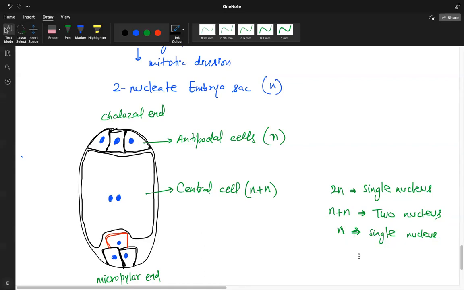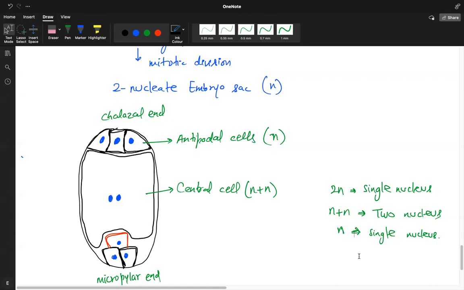Yes, Aisha? So this is very weird because mathematically n plus n equals 2n. Exactly. In biology, sometimes we use mathematical notations to explain a phenomenon of biology, which does not make the same sense as it will in mathematics. So you're right.